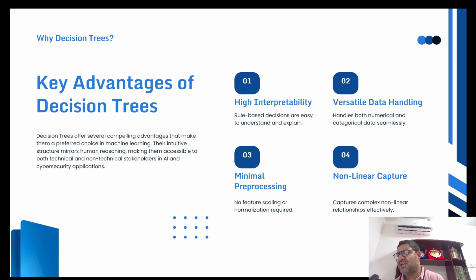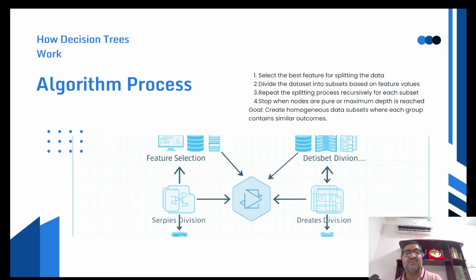You can just take the data and directly feed it, and decision trees will take care of it. Non-linear: it captures complex non-linear relationships effectively. Complex relationships which are non-linear in nature can be captured by decision trees very easily.